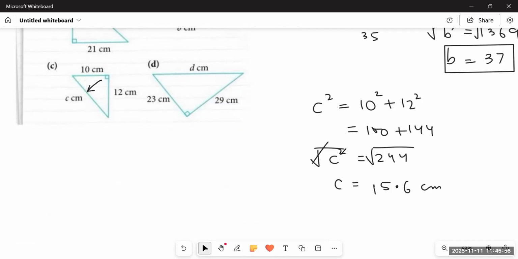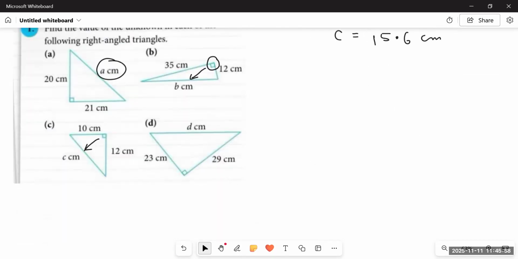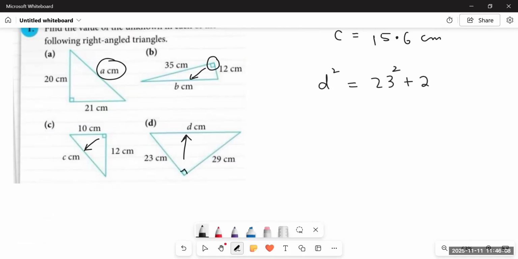Next we have part D. In part D again, we have this 90-degree angle over here. So the opposite side is D. Again, we'll apply the same formula. That is 23 square plus 29 square. First, we will find the square of 23, which is 529. And that of 29, it's 841.